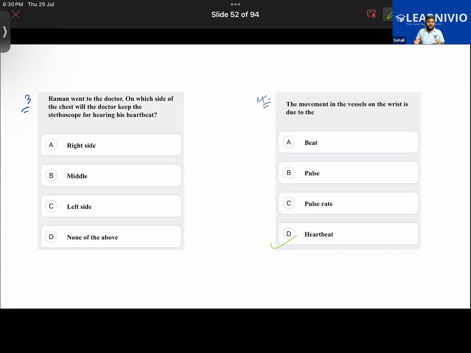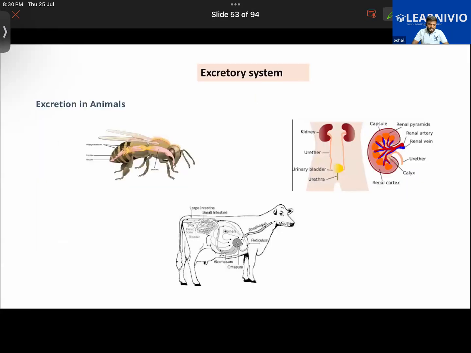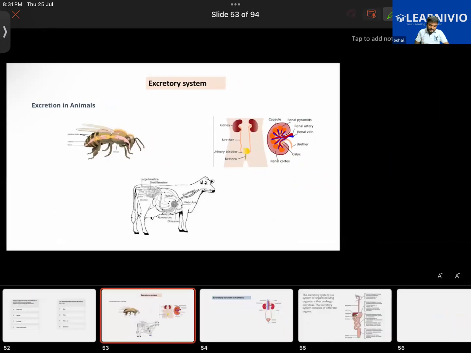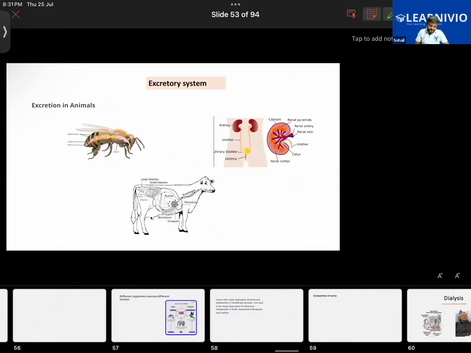So as your heart would be beating, yes Suleiman, that is correct, due to that you see movement in your arteries in the wrist. Getting it? So it is because of the heartbeat. In the next class, you'd be learning about the excretory system, and then you try to finish the chapter concepts.